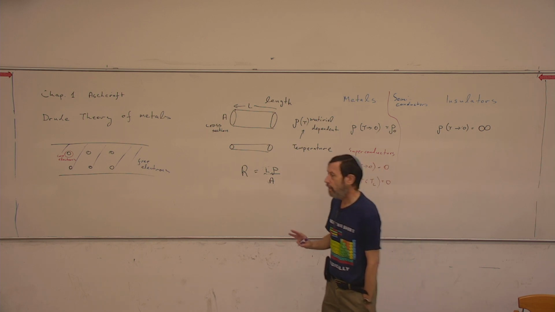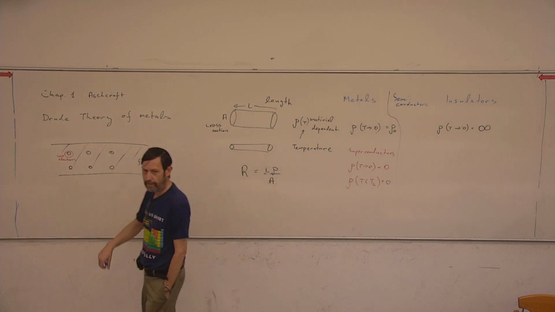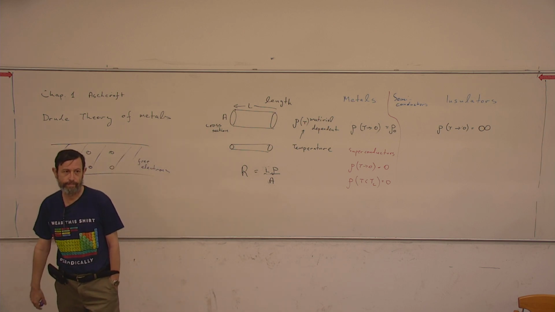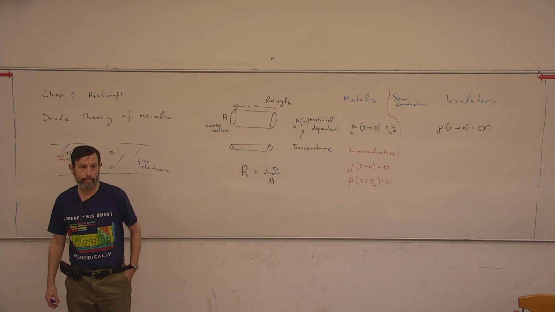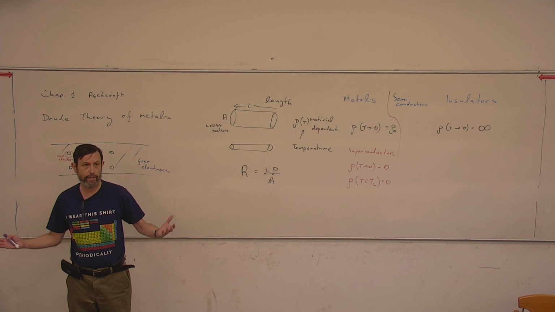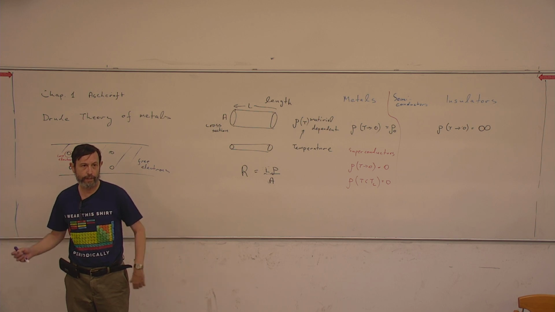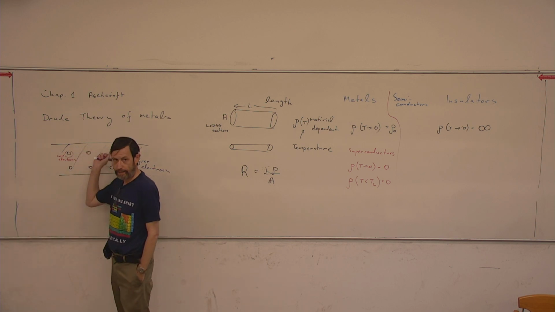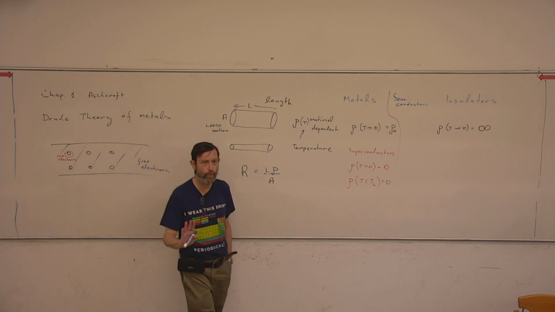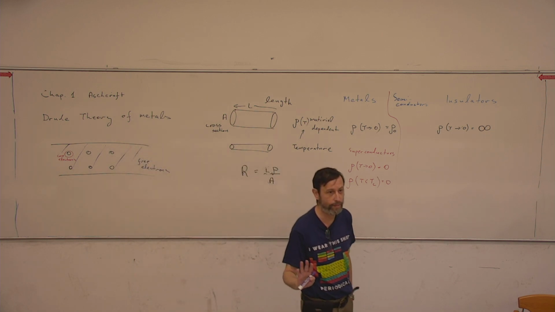What do I mean? He thought about the free electrons as a gas of electrons that can have collisions with the atoms, and that's all. They have no interactions between themselves.